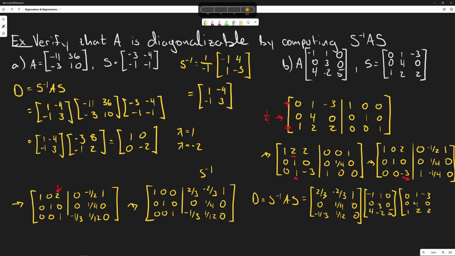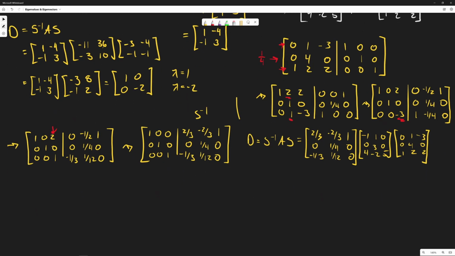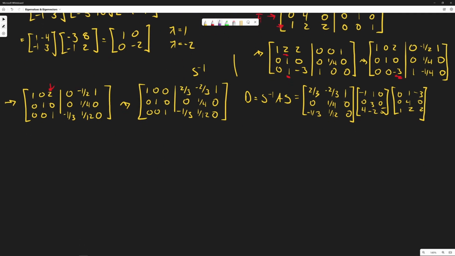And again, because it's matrix multiplication, it usually is from right to left. So this will mean that this will be equal to 2/3. The first matrix remains unchanged: 1, 0, 0.